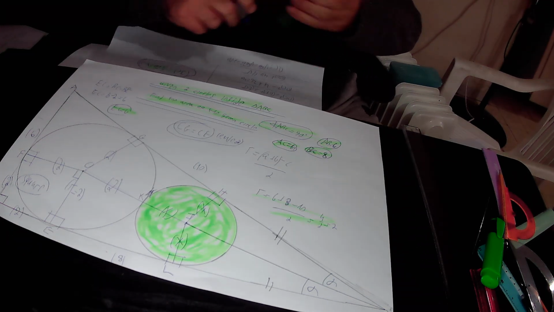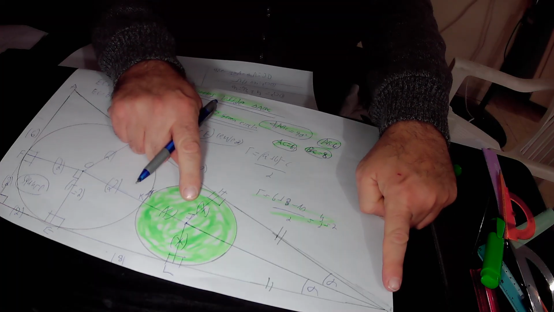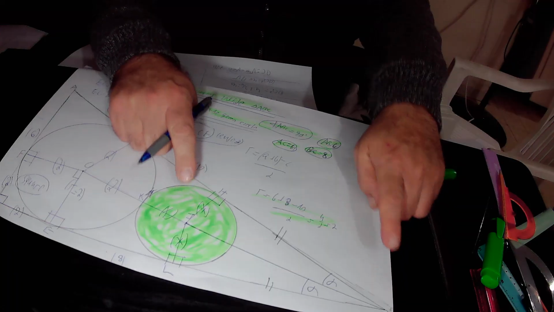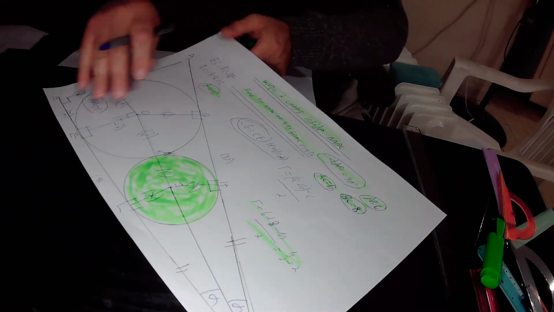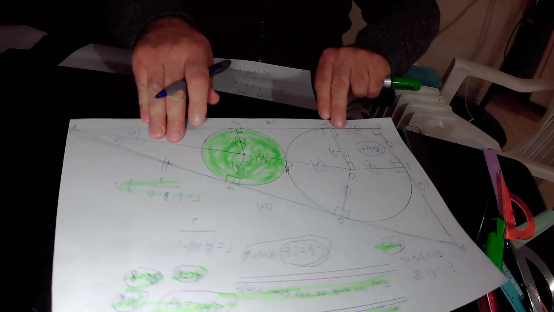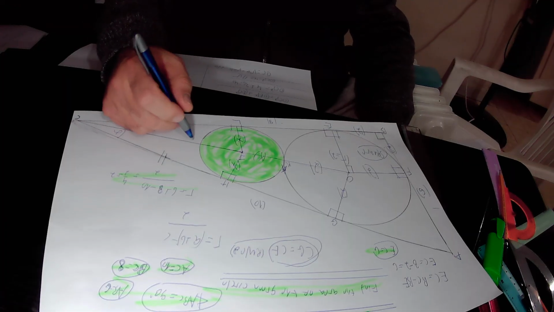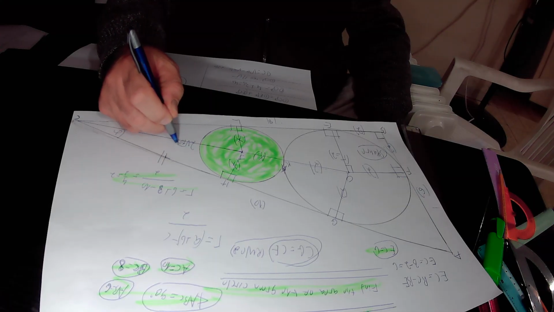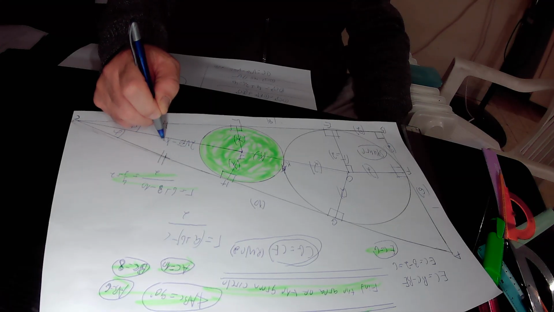This is the missing segment JC, and it equals 2 times square root of 10 minus x minus 2.